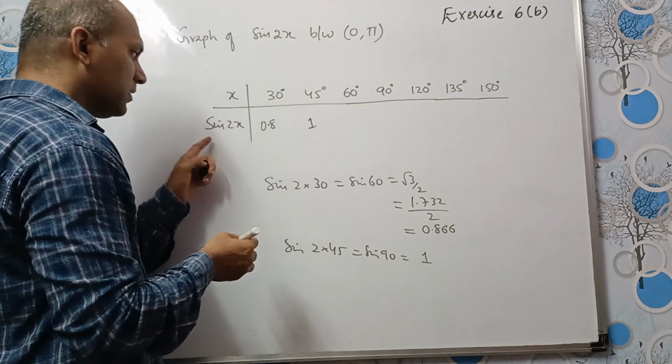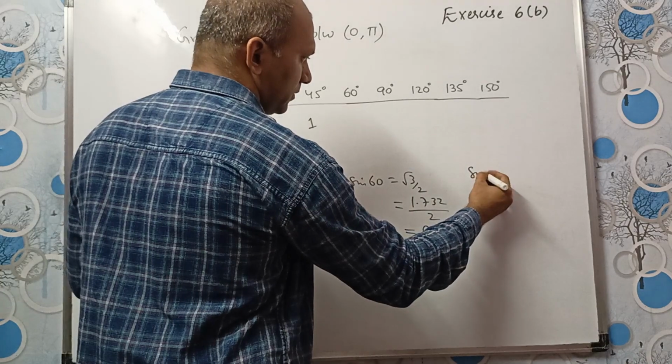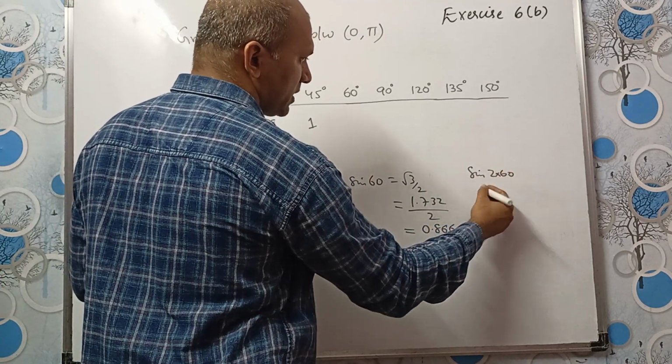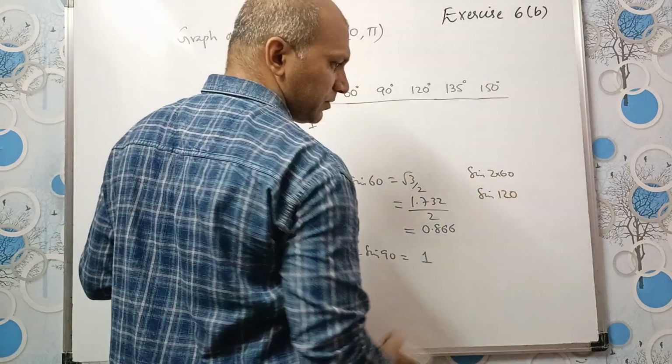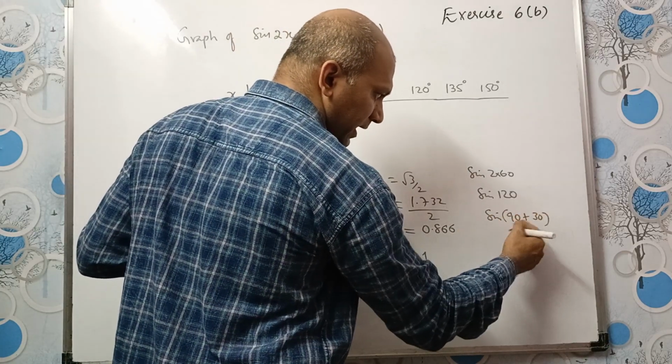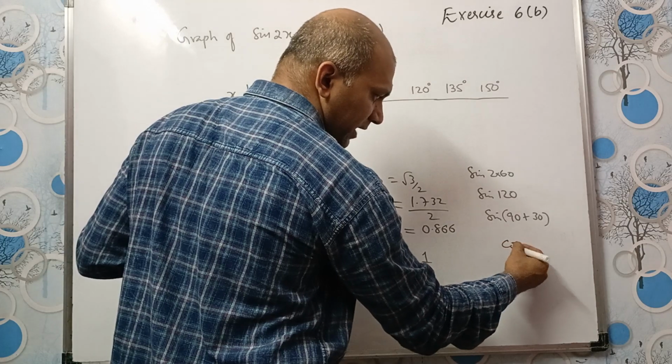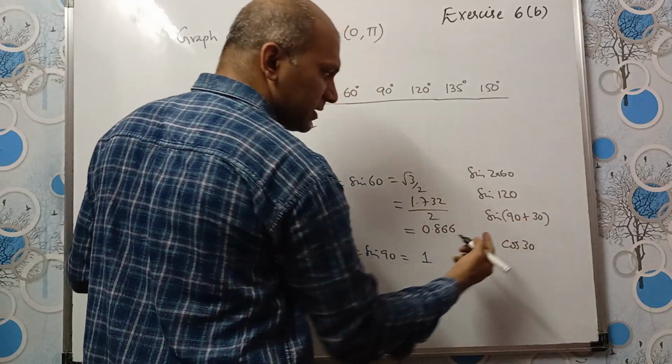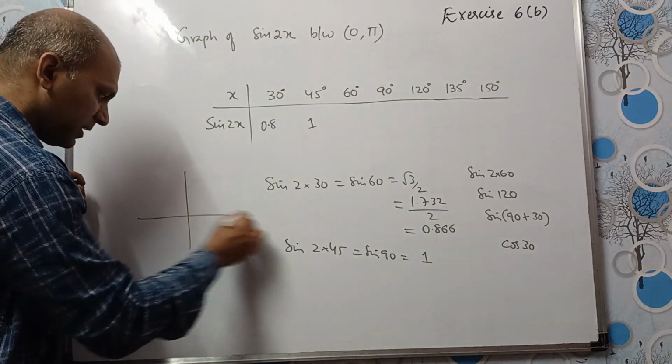1. Sine 2 into x where x is 60. So this is sine 120. Sine 120 we can write as 90 plus 30, and at 90 sine will become cos. This is 90 plus theta, 90 plus 30.